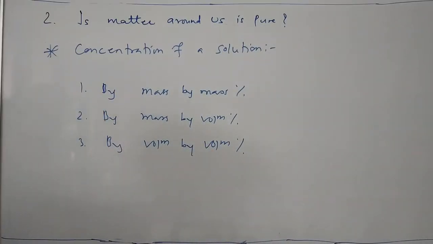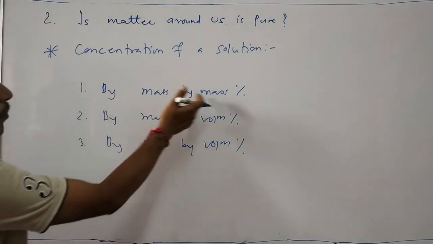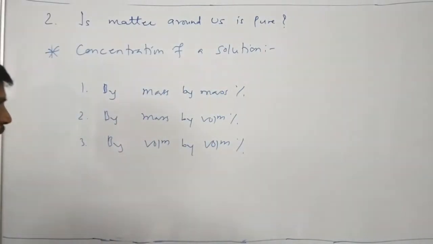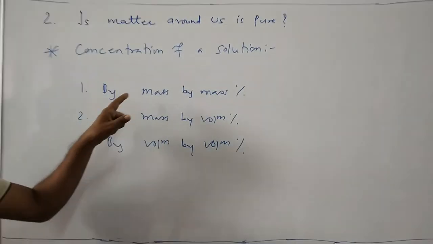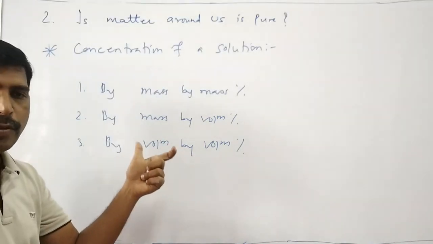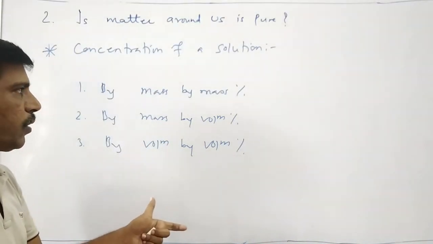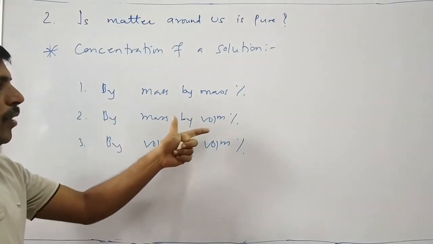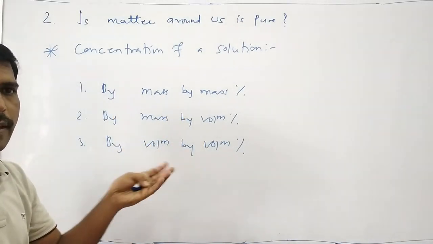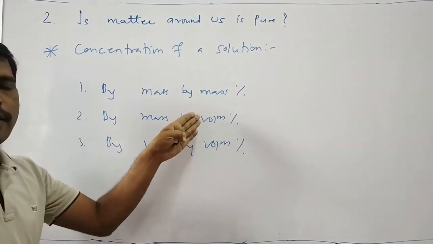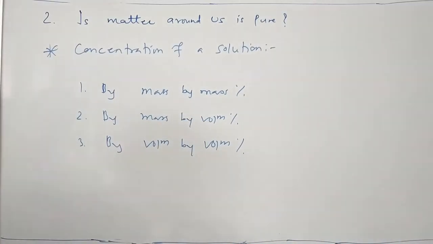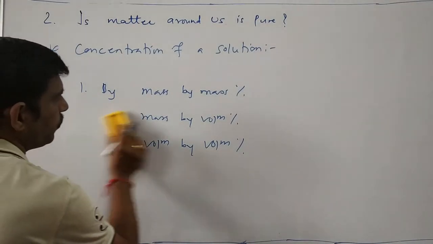So what is this mass by mass percentage, mass by volume percentage, volume by volume percentage? So we are taking the solute, which is a solid one. We are taking the weight, that is mass of that solid. And we are taking mostly the solvent in liquid form. So volume is related to liquid material. So we will see the first, mass by mass percentage.